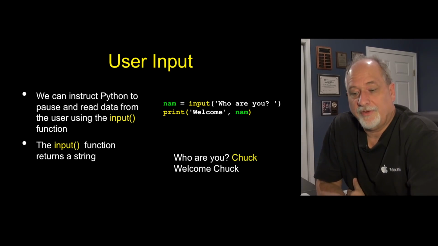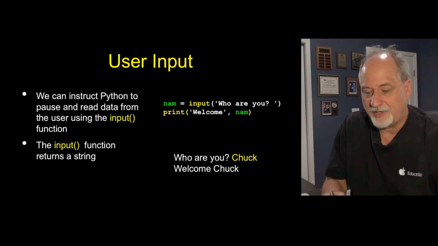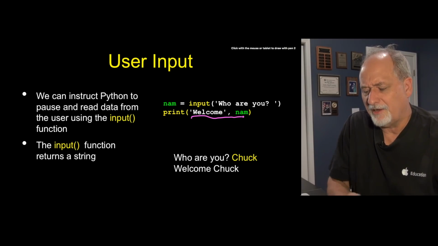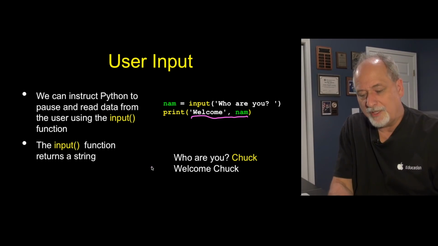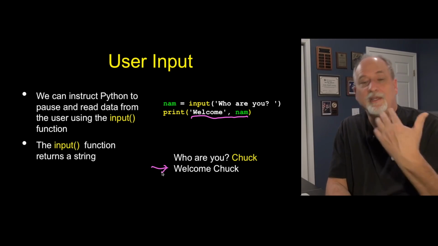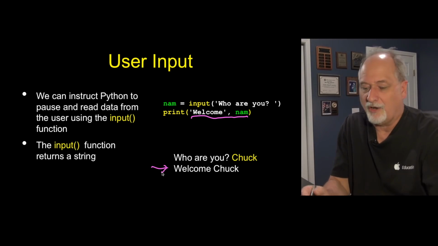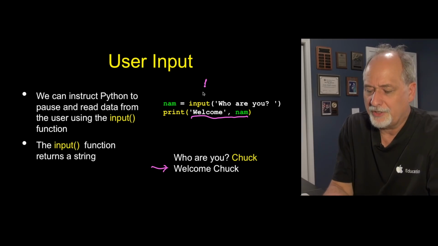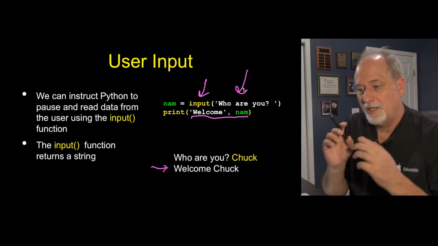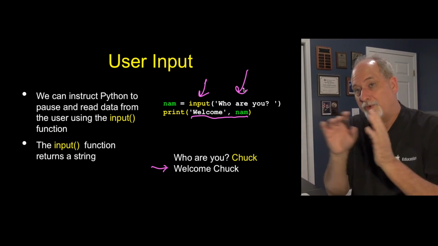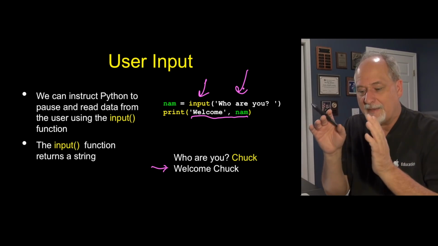Another thing that we're going to do with variables is, just like the print function takes a list of things, in this case a string, comma, a variable, and then prints some output in the program, the opposite of that is input. Actually, input generally happens before output. Input is a built-in function, and we pass to it a prompt, a string of text that's going to be printed out for the user, and then it stops and waits.